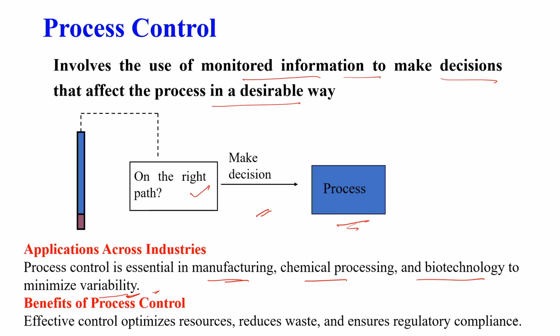What is the benefit? Effective control optimizes the resources, reduces the waste and ensures regulatory compliance, particularly good manufacturing practices, which are required for the further application or use of your product.